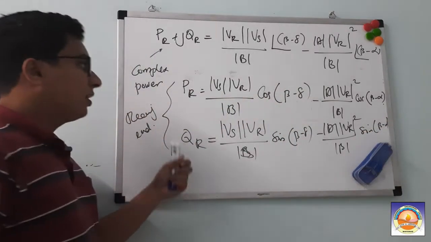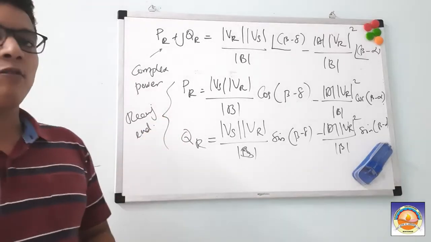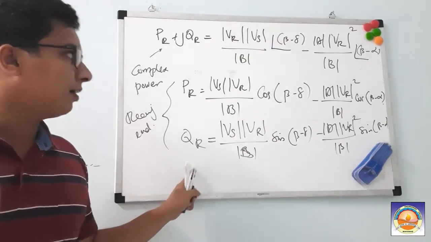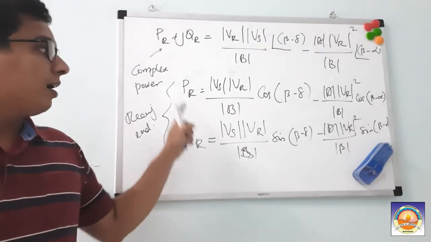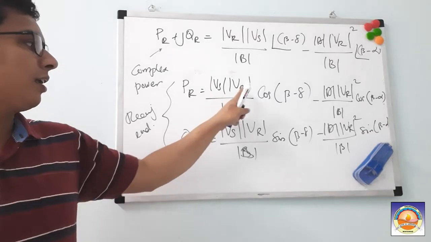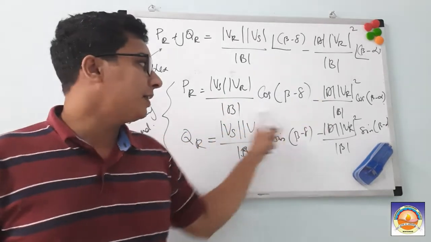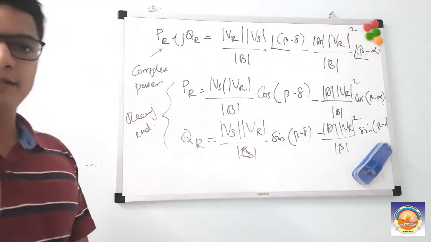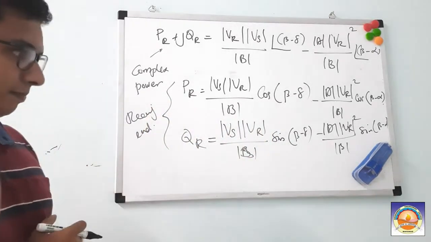This is the equation for receiving end active power as well as reactive power when you write your power flow equation in terms of the sending and receiving end quantities and the ABCD parameters. Here we are using the A parameter and the B parameter.